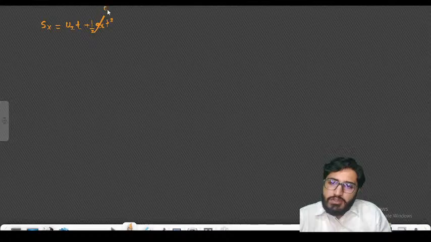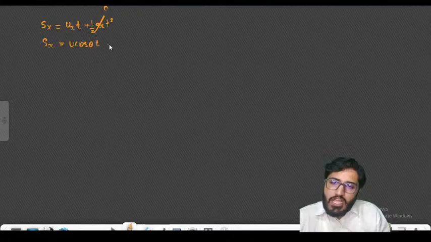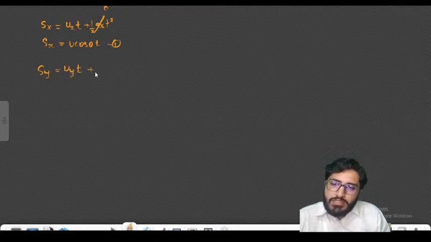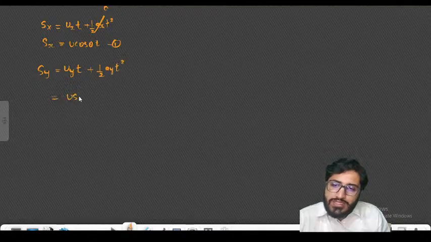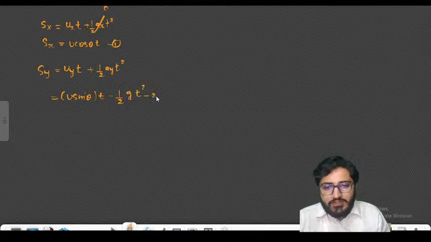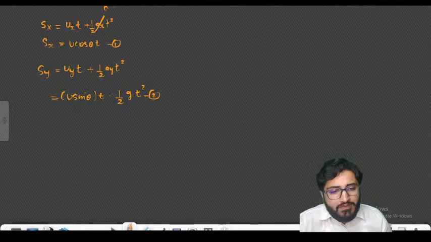Now ax will be 0. So sx will be ux, and ux is u cos theta, multiplied by t. Equation first, let us suppose. And sy will be uyt plus 1/2 ayt square, which is u sin theta multiplied with t minus 1/2 gt square. Second equation.